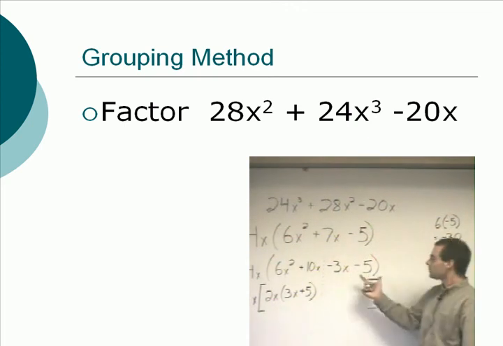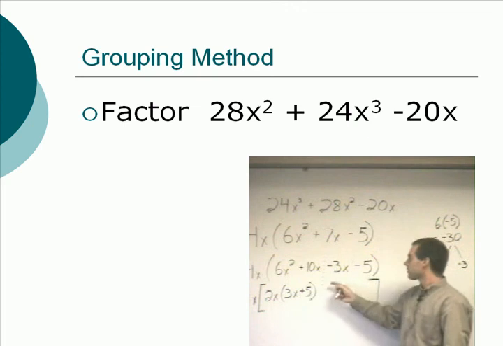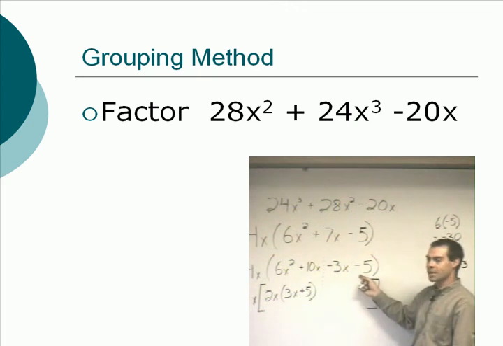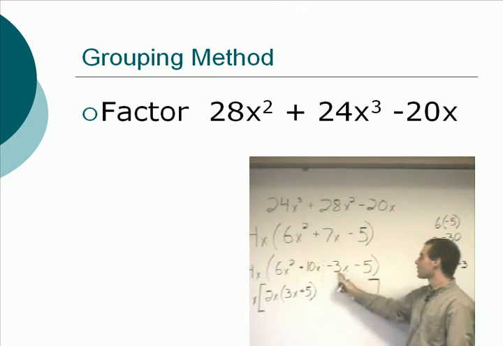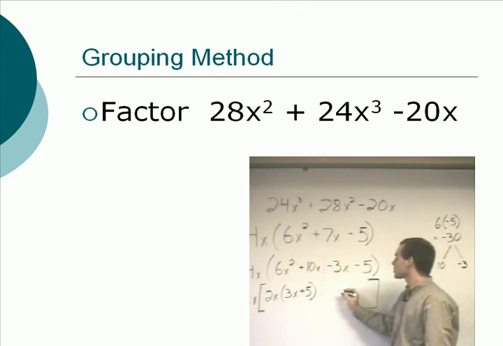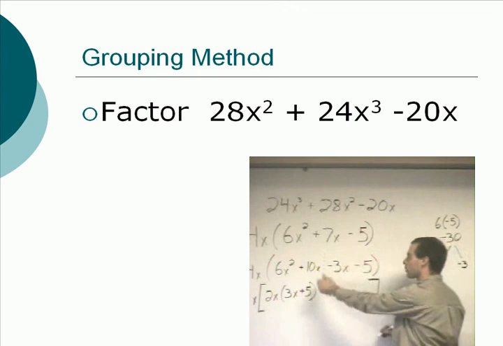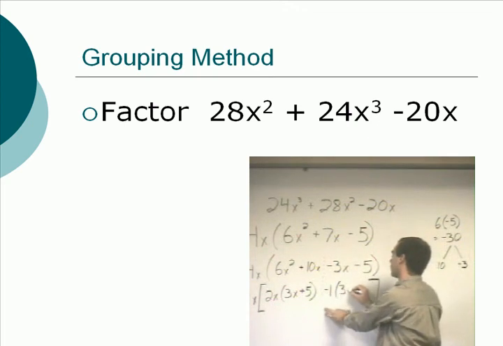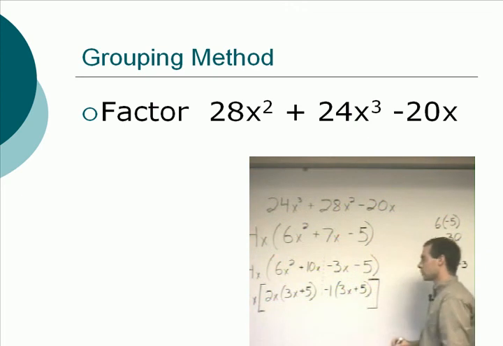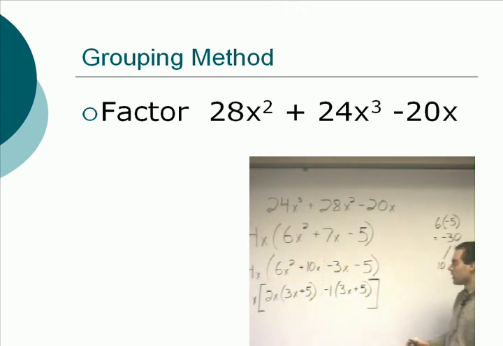Nothing, except if you don't factor anything out, will 3x plus 5 match 3x plus 5? You got to get a negative sign out of there so that what you're left with in parentheses will match. So we're going to have to factor out a negative 1. That's often the case where you need to factor out a negative 1 so that the signs will match. 3x plus 5. And we're done. Well, we got to write it, but we're essentially done.